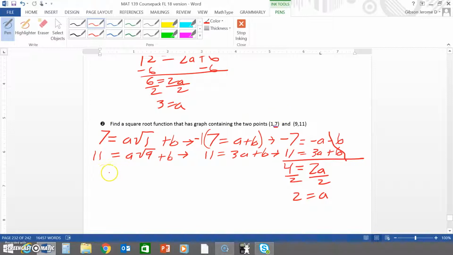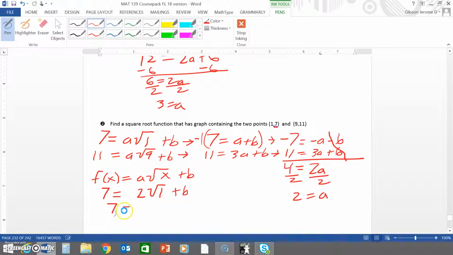So we could go back to f of x is equal to a times the square root of x plus b. Now we could pick one of these 2 points. It doesn't matter which one you pick. I probably would pick the (1, 7) because it's smaller numbers. So 7 would be our y, a is 2, and x would be 1, plus b.